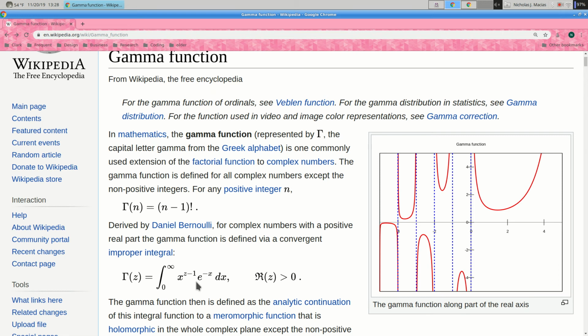So if you calculate the integral of x to the 10th times e to the minus x dx from 0 to infinity, it'll turn out to be 10 factorial. And so we can use this to define what factorials are equal to for non-integers.